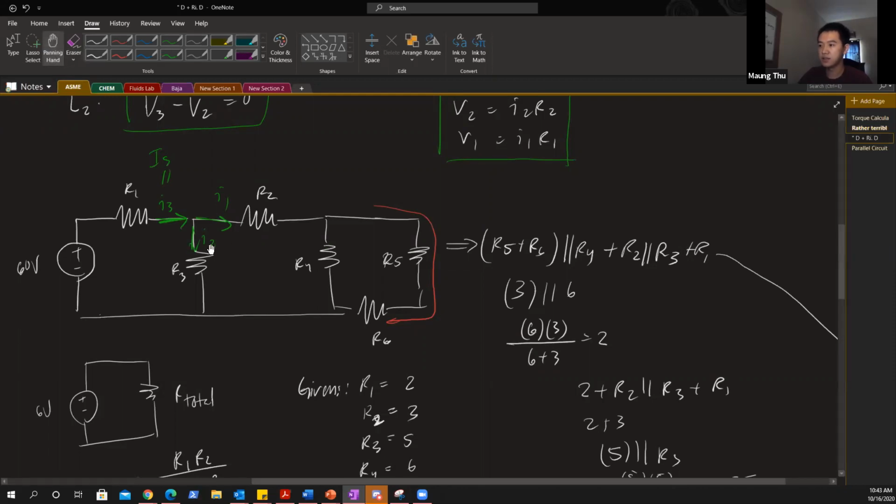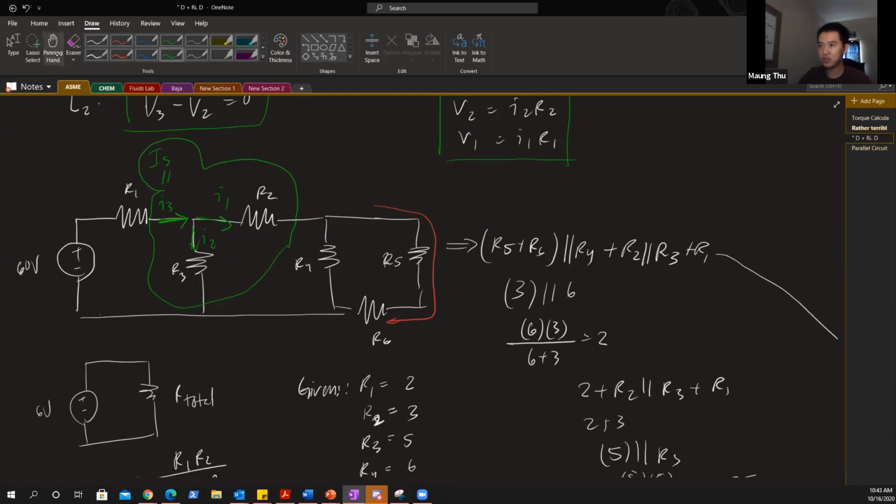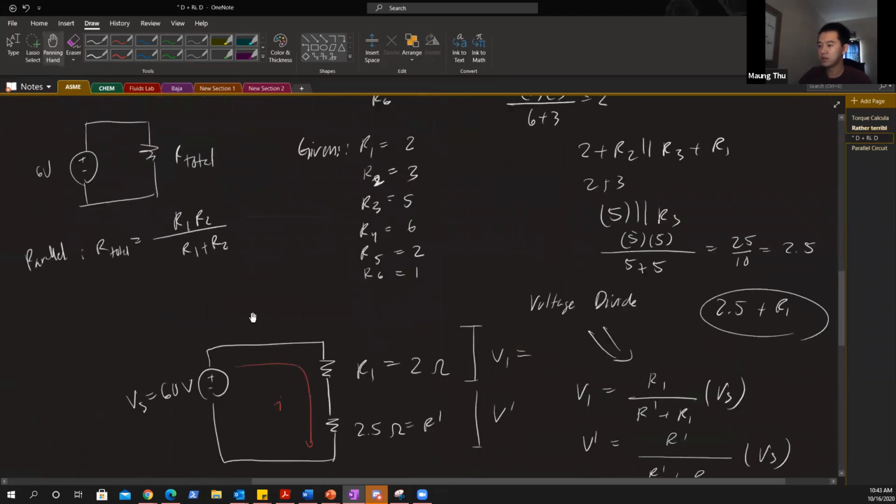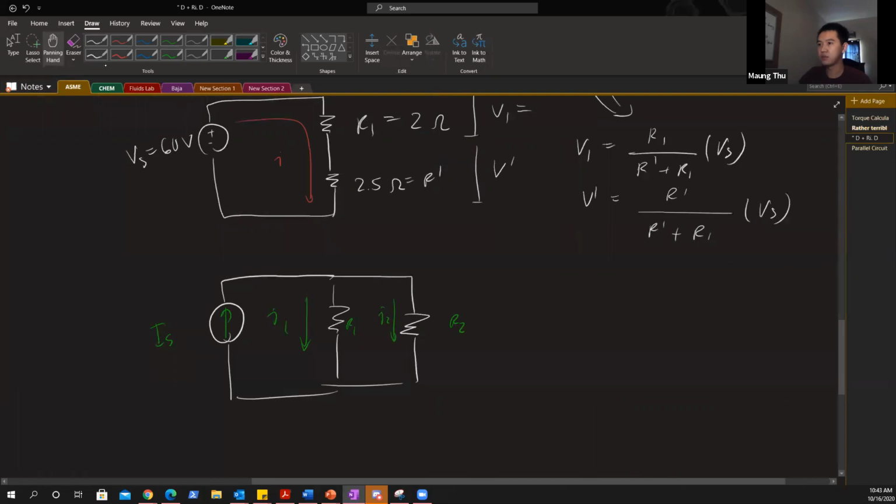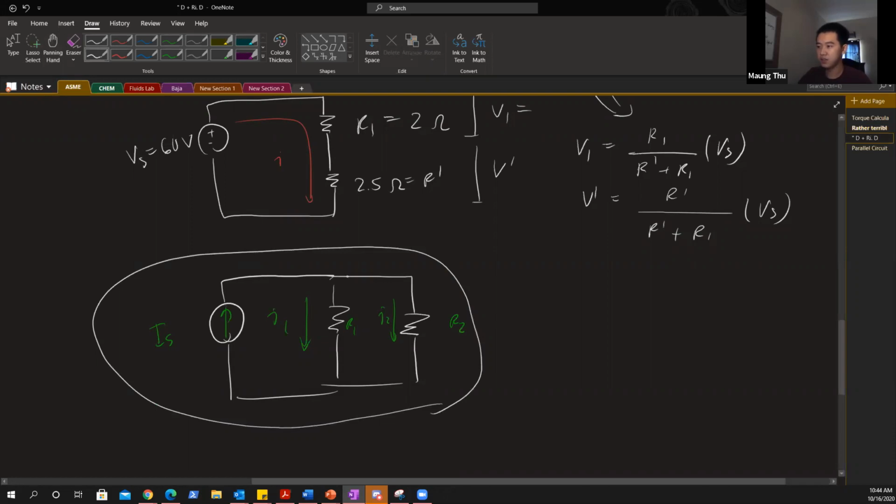So this particular part right here is actually the same as this setup right here that I just drew. It's the same thing, okay? Current coming in gets split up into two. Very similar, no difference, okay?